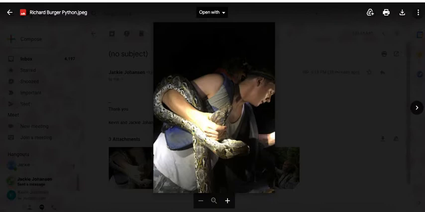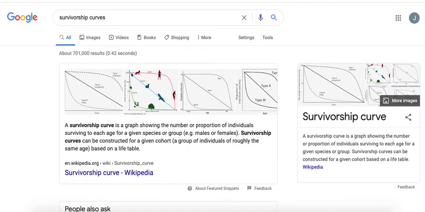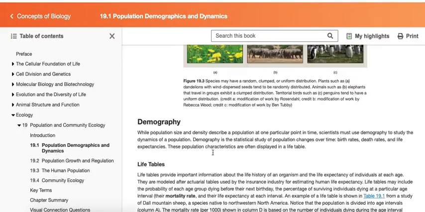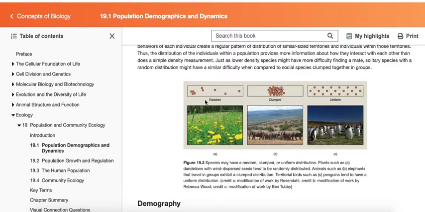So species distribution patterns can be, I'm going to go back to your pictures. Species can be random, where they're just kind of all over the place. It doesn't really matter. It's like wherever it went, it's fine. You could have areas with a ton of dandelions and some where it's more sparse.